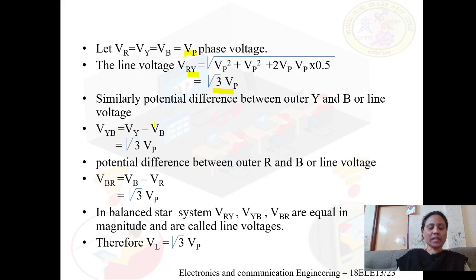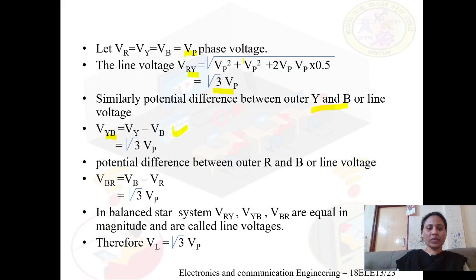Similarly, let us take any other two lines, that is between Y and B. The line voltage VYB can be written as the vector difference between the two phase voltages, that is VY and VB.